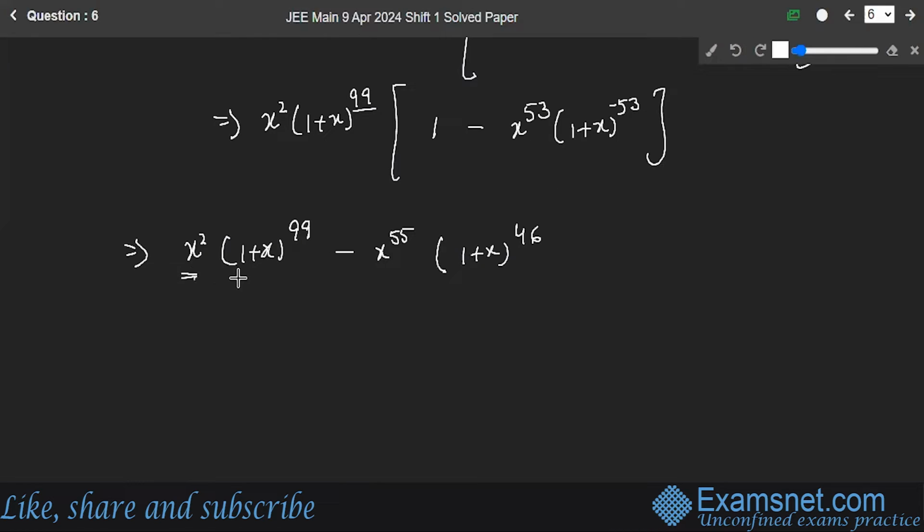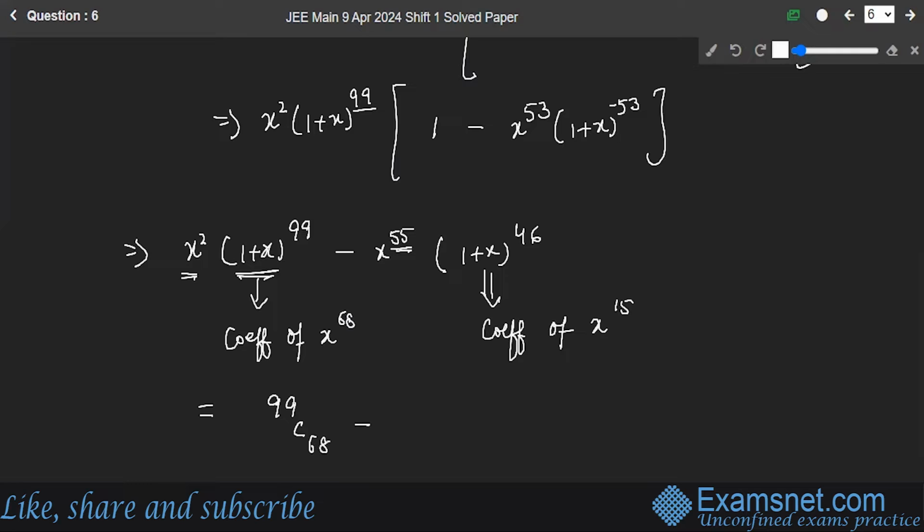That means I already have an x squared over here, so I want the coefficient of x^68, and from here I want the coefficient of x^15, since 70 minus 55 is 15. So if I compare it, this is equivalent to 99C68 and 46C15.